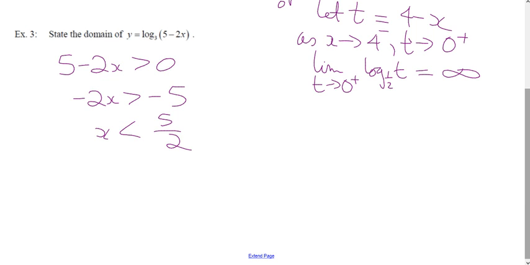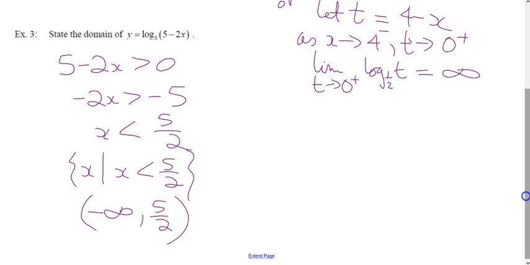Because we're dividing both sides by a negative, we reverse the inequality sign. So the set of all x such that x is less than 5/2, or in interval notation from negative infinity to 5/2.